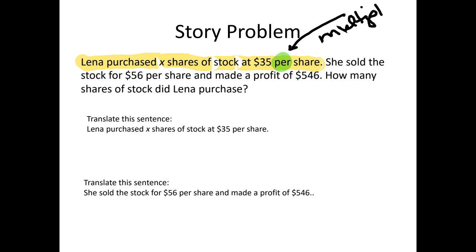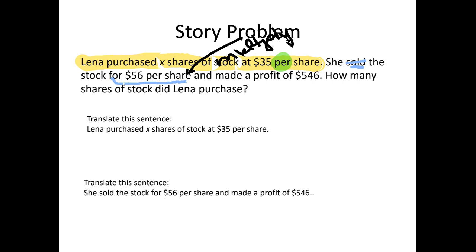Okay. She sold the stock for $56, and there's our lovely word again, notice there's our per. Per means multiply and has a profit of $546.